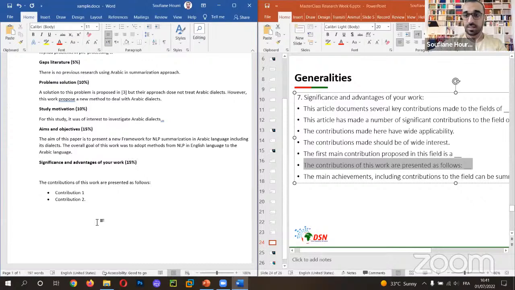Let's say this paper is organized as follows. Section two, for example, the next section presents the methodology. Just a brief description of each section.